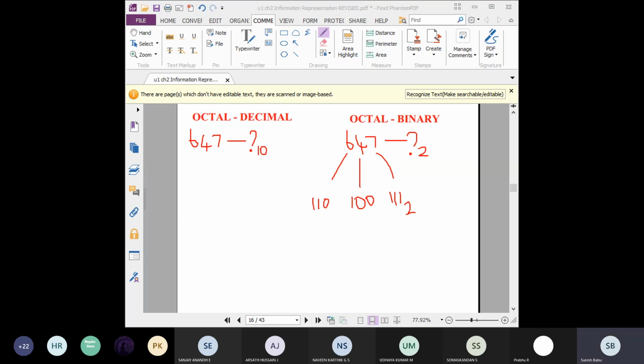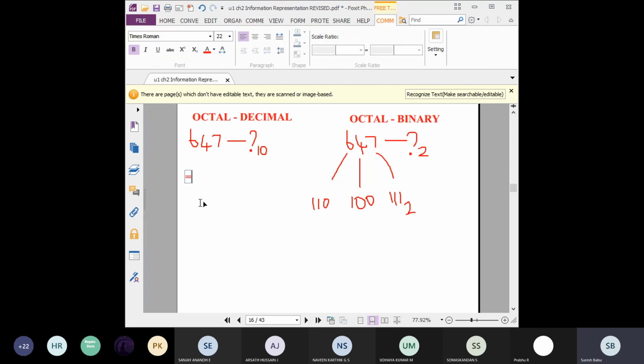Now we will see octal to decimal. How to convert octal to decimal. Yesterday we saw that we continuously multiply with 2 power something. Okay, like this. Here we want to multiply with 8.